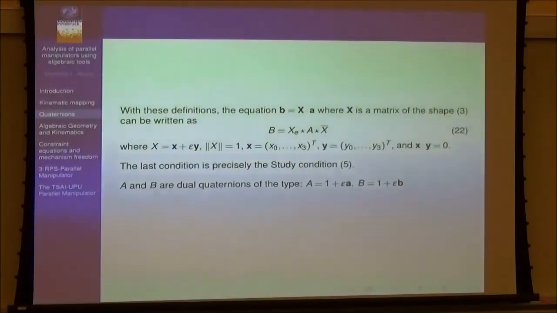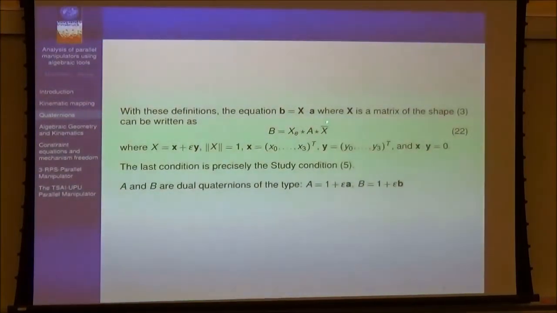Yeah, and then you can do this multiplication, which was shown in the morning too, and you will get the transformation of a point. The point is given in the same way as it was in the morning, with the dual quaternion operators. Here you have the conjugate, and here you have the epsilon conjugate.